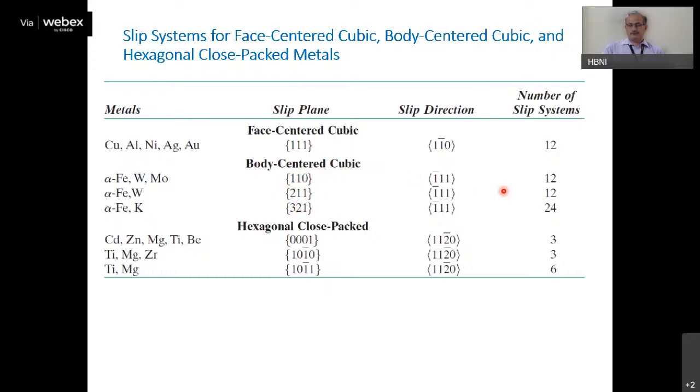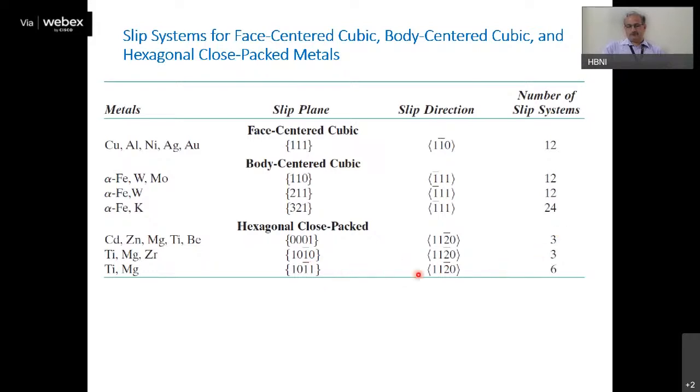Overall, if you add up all these, there are about 48 slip systems in the case of body centered. In the case of the hexagonal close packed structure, there are three types of slip systems: one corresponds to the basal plane, one to the prismatic plane, and one to the pyramidal plane.